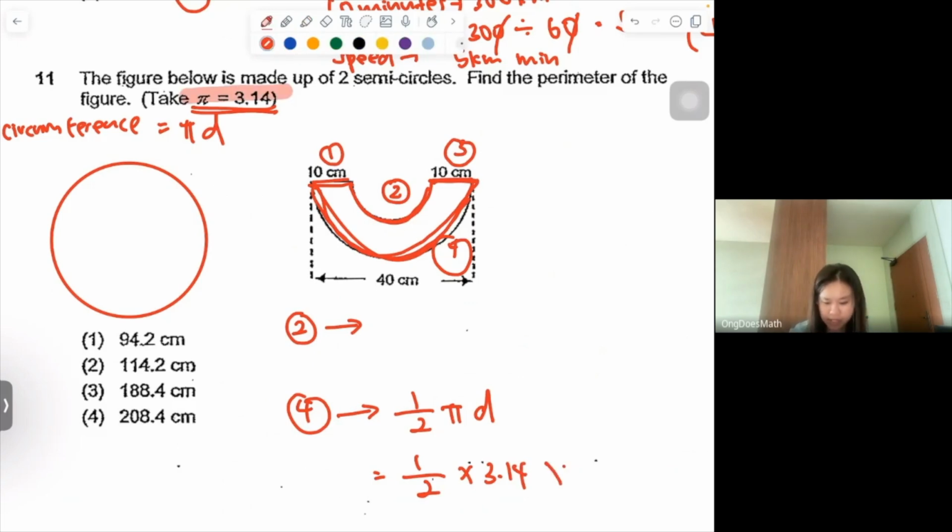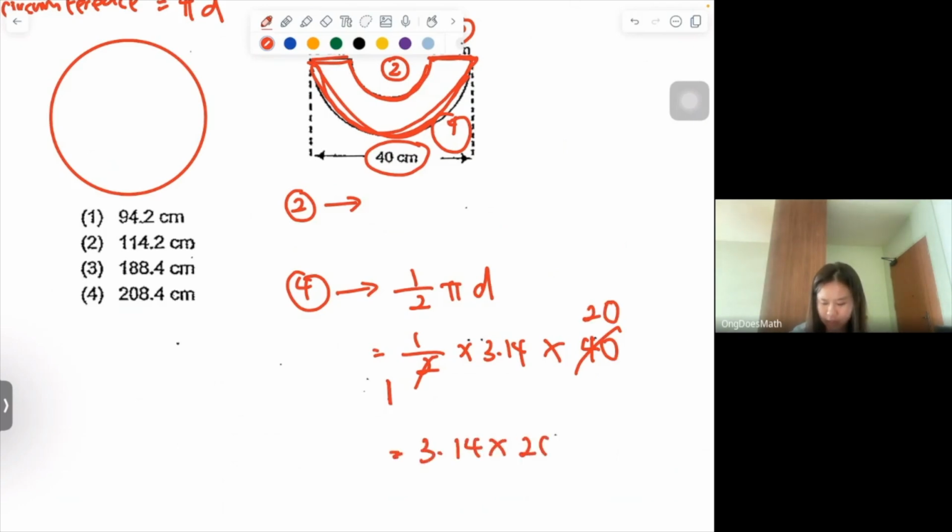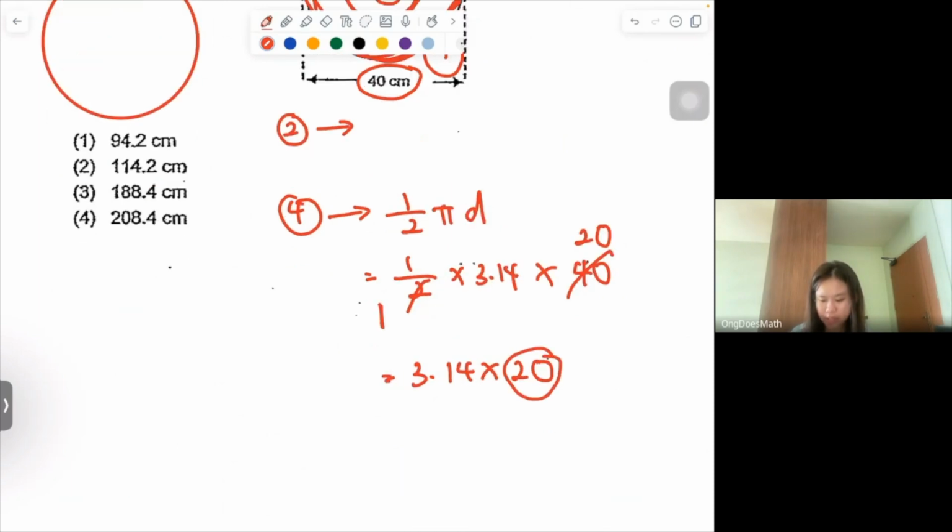Diameter in this case is 40. So I understand that for paper 1, you can't use a calculator. So we'll try to simplify things. So both 2 and 40 are divisible by 2. So we'll cancel it. 2 divided by 2 gives you 1. 40 divided by 2 gives you 20. So this gives you 3.14 times 20. You can split the 20 into 2 times 10.